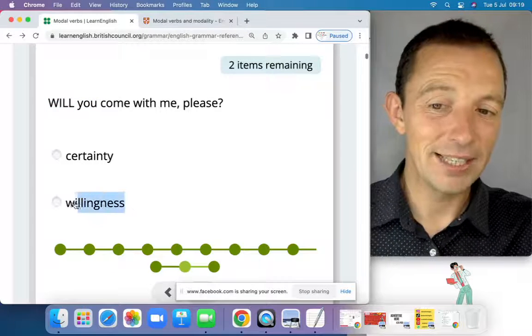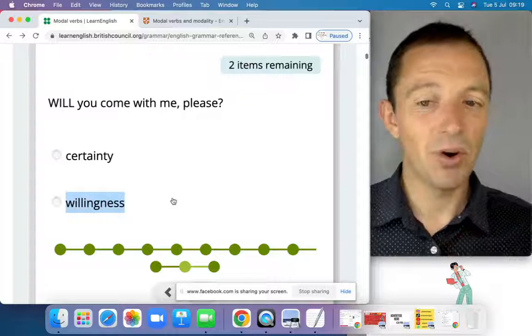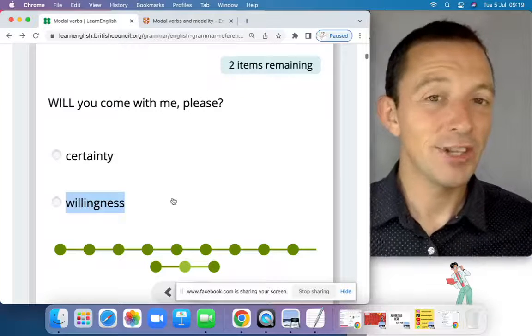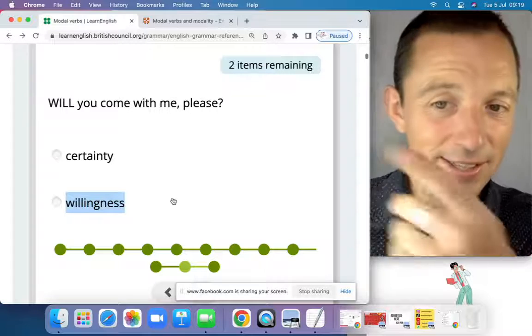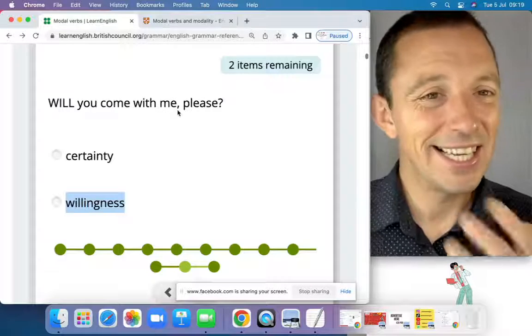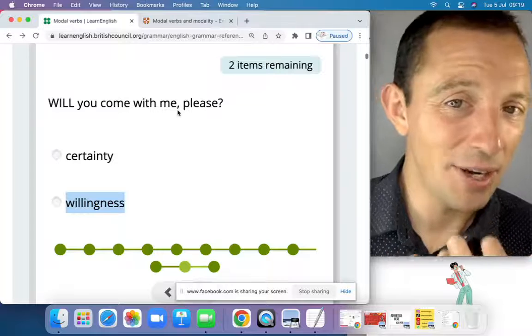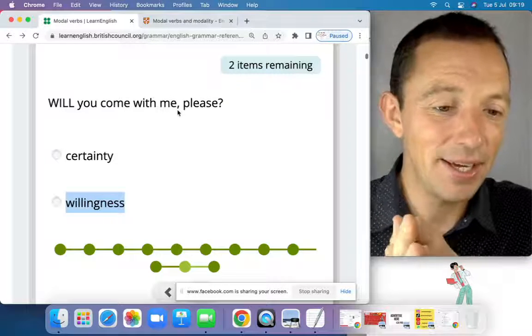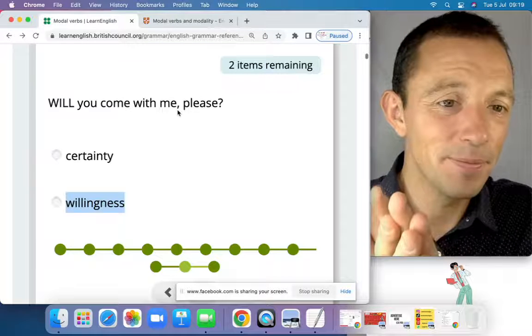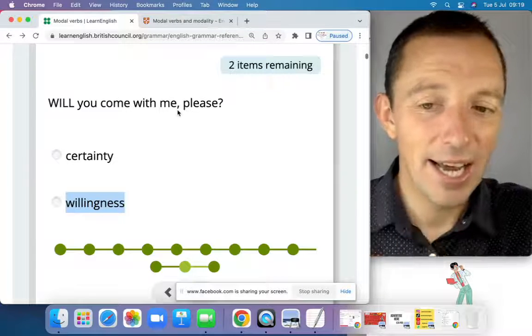So willingness is more your determination, your content to do something. So are you content to come with me, please, is the sense, because willing is a very important word in English. It means are you content and happy to do something? Are you willing to come with me? Are you happy?